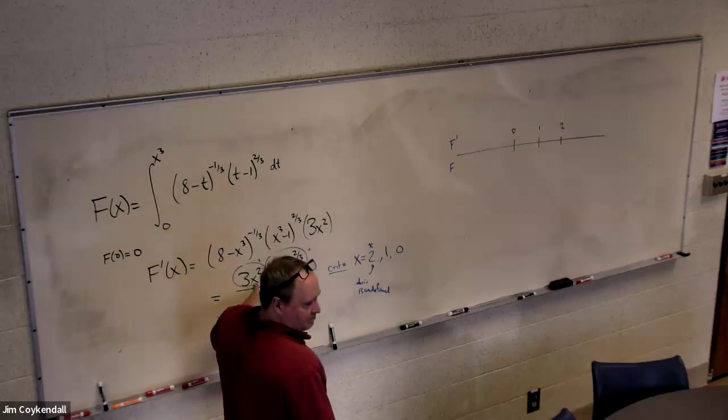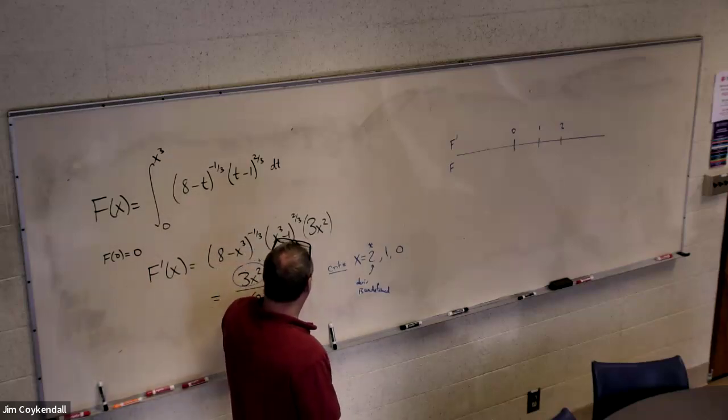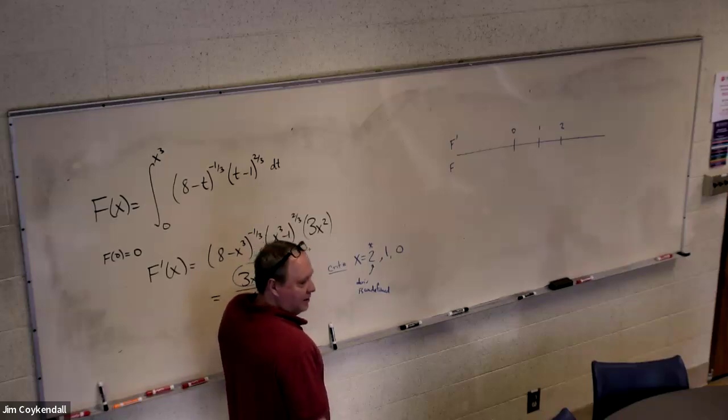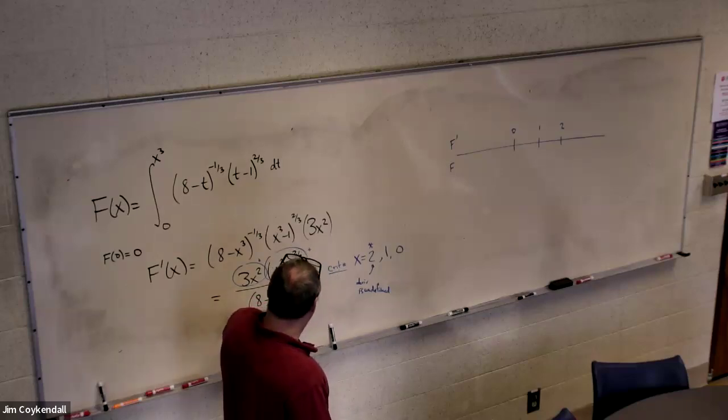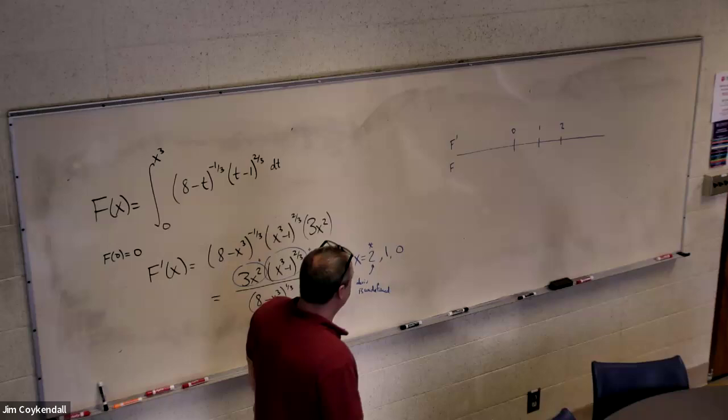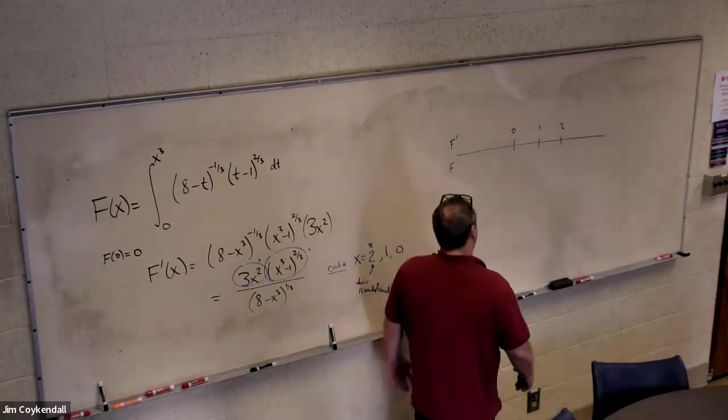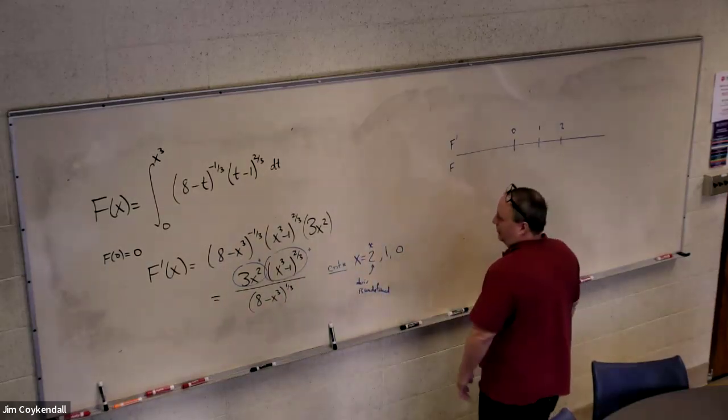It's positive because of the square. This is positive because you take the cube root and you square. So the numerator is always positive. The sign is completely controlled by what happens at the bottom. So at the critical numbers 0 and 1, there's probably no sign change there.